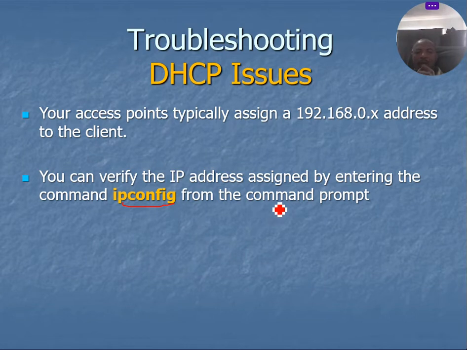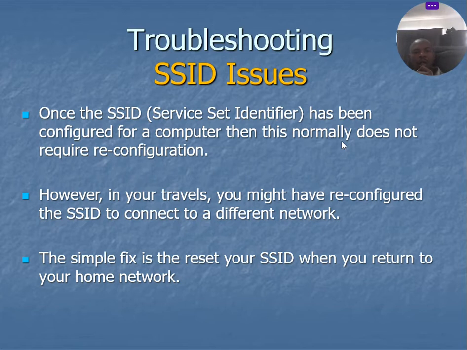Then see whether you are dynamically getting your IP address. This could be an issue if there's no connection, then you do the usual that we've described in chapter 2.